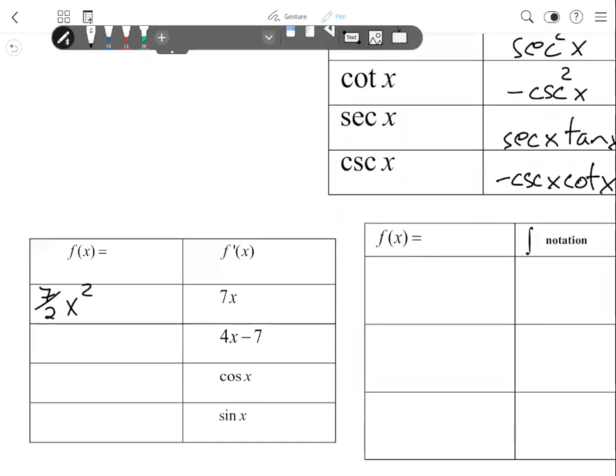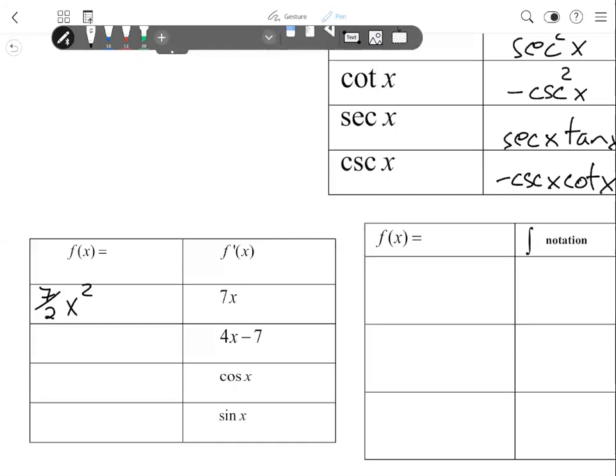Well, you should have come up with 7/2 x squared. And if you got that, you were almost right, but not completely right. Okay, so if I take the derivative of this, I take 2 and multiply it times 7/2. So 2 times 7/2 gives me 7. And then I subtract 1, which gives me x.